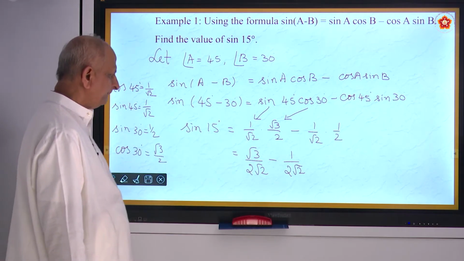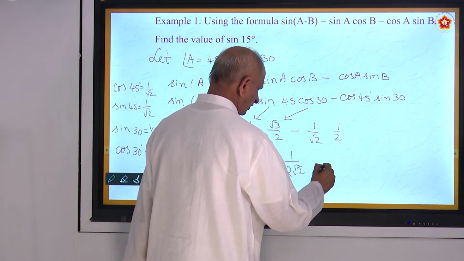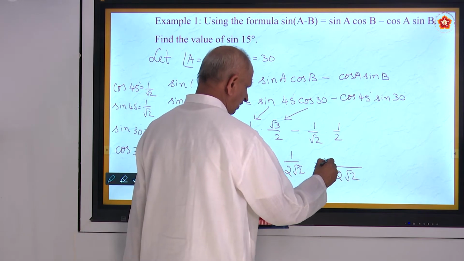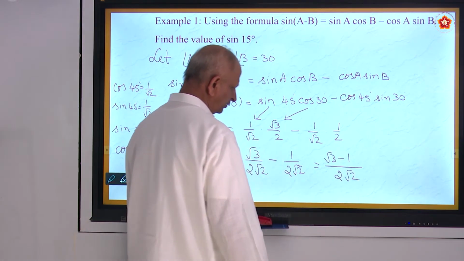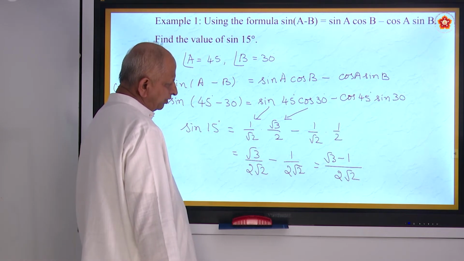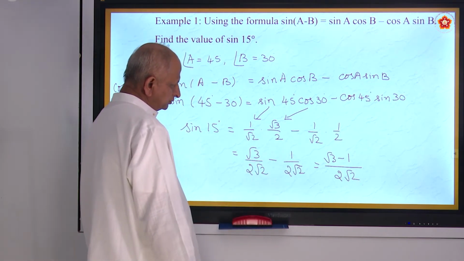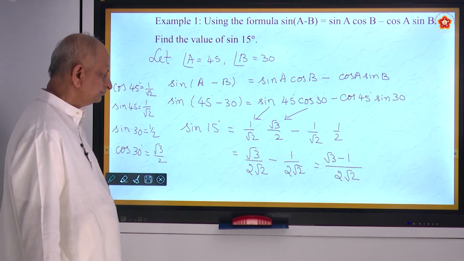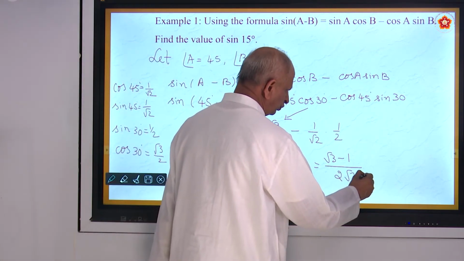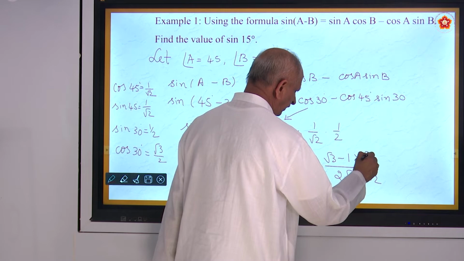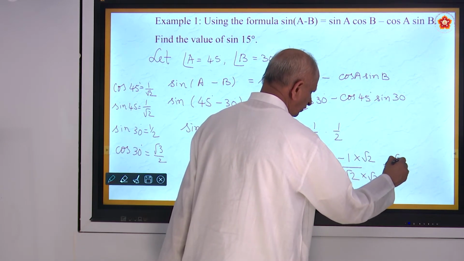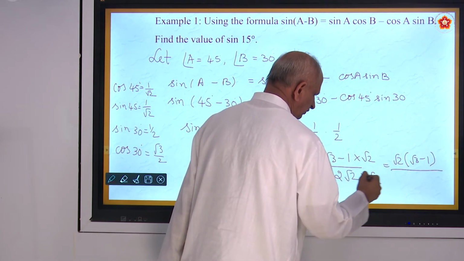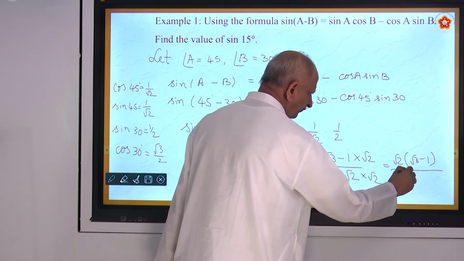If you take the LCM, it will be 2 root 2, and in the numerator you have root 3 minus 1. Now suppose you rationalize the denominator, that is, multiply by root 2 in numerator and denominator. It will be root 2 into root 3 minus 1 by 2 root 2 into root 2, which becomes 2, 2 2s are 4.